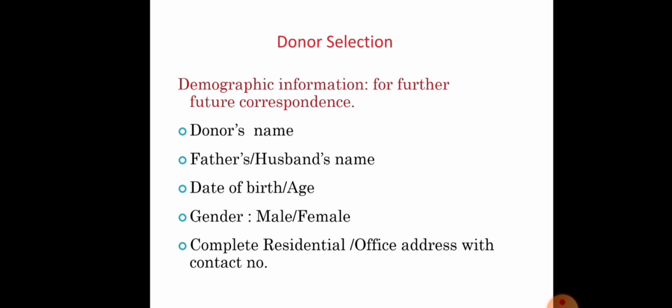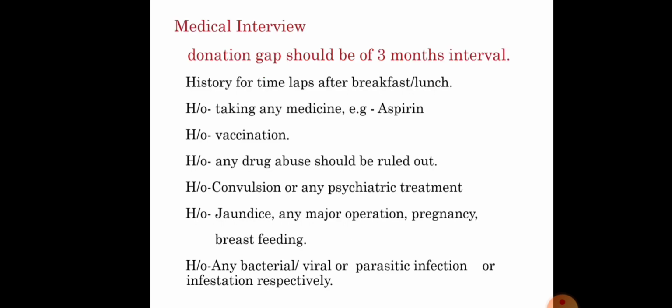It is important because if the donor has any complaint, or if after doing the ELISA the donor is HIV positive or anything, then we can contact the donor, and even from the residence we can know their economic condition and lifestyle. We can have a rough idea of that.